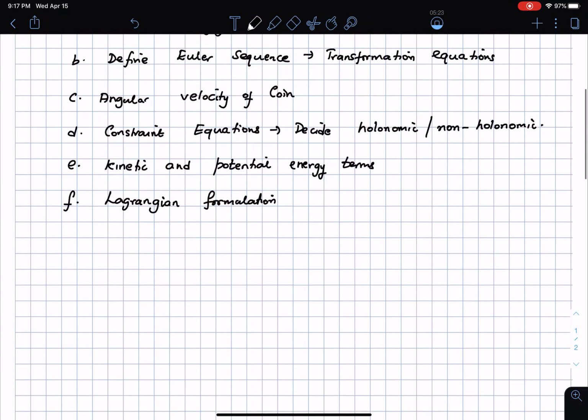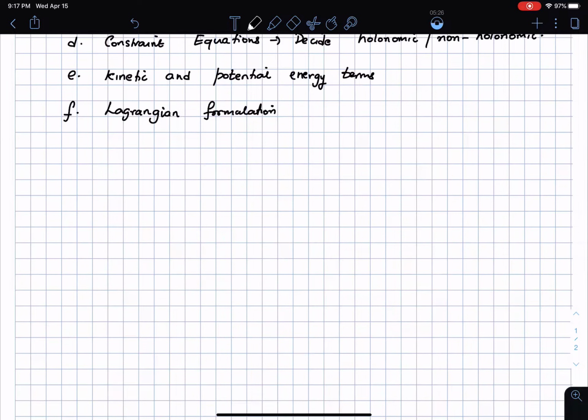All right, so we start off with the figure from the previous class. From the last lecture, we used the figure and defined the configuration coordinates here.